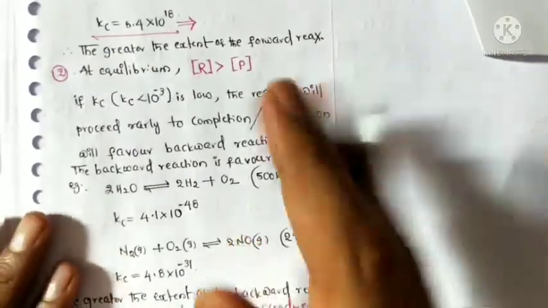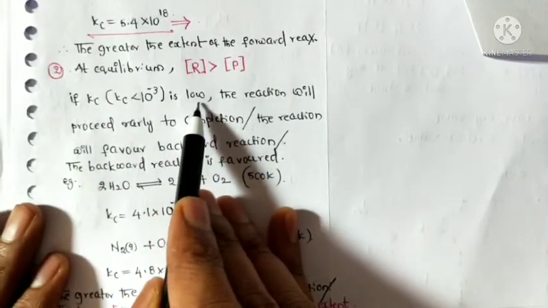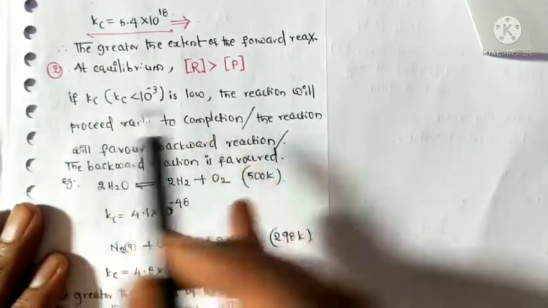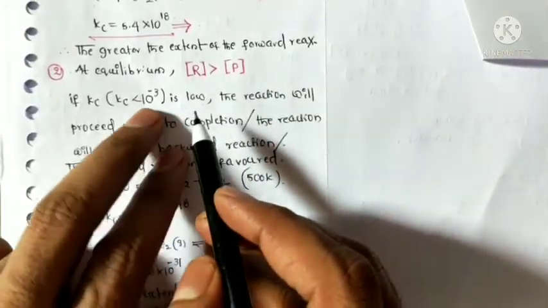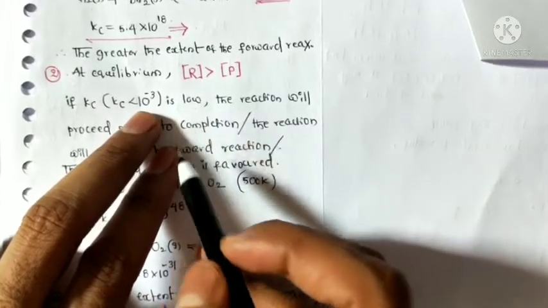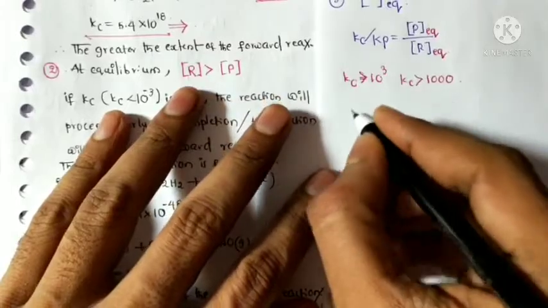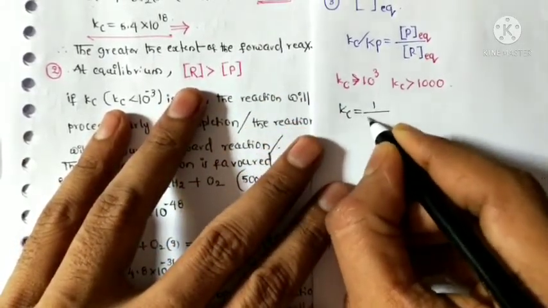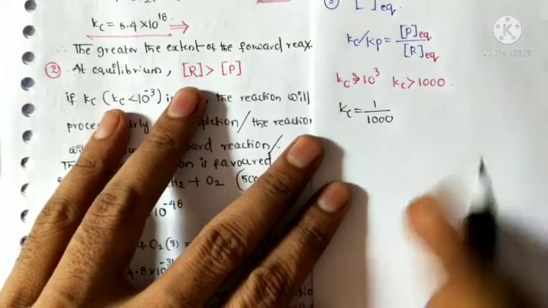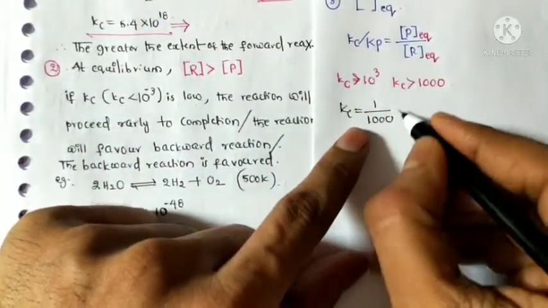Next, at equilibrium, if the equilibrium constant value is very low, that means it is less than 10 to the power of minus 3, here the product concentration is less compared with the reactant concentration.